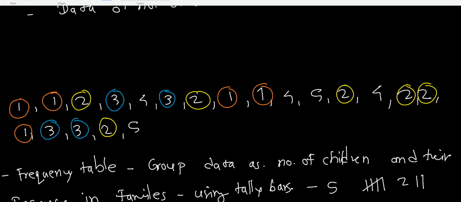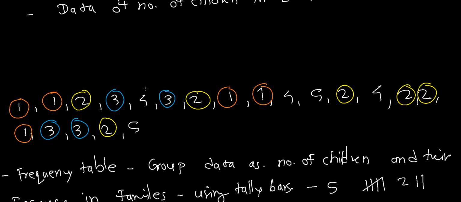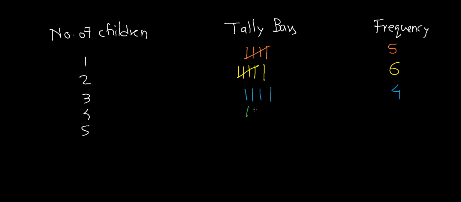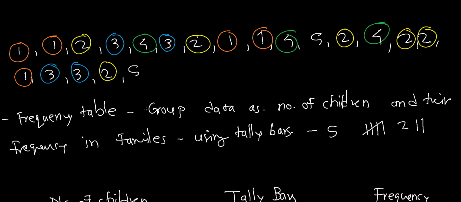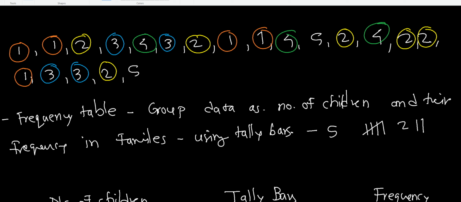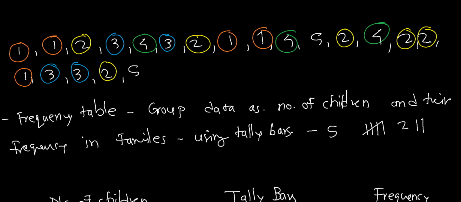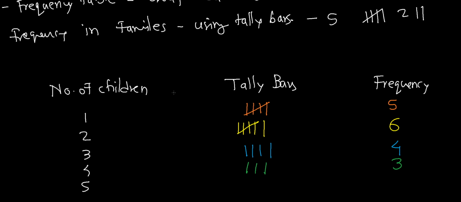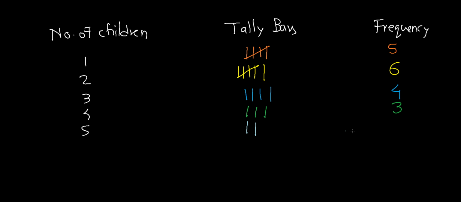Number of children 4 will be 1, 2, 3 families have 4 children. So 1, 2 and 3, and frequency is 3. Now number of children 5. So 1 and 2 families have 5 children.